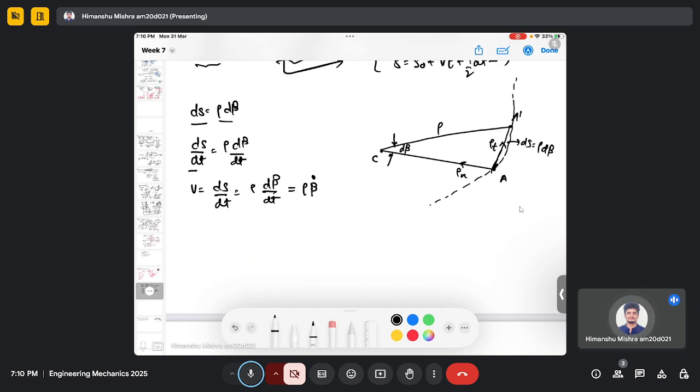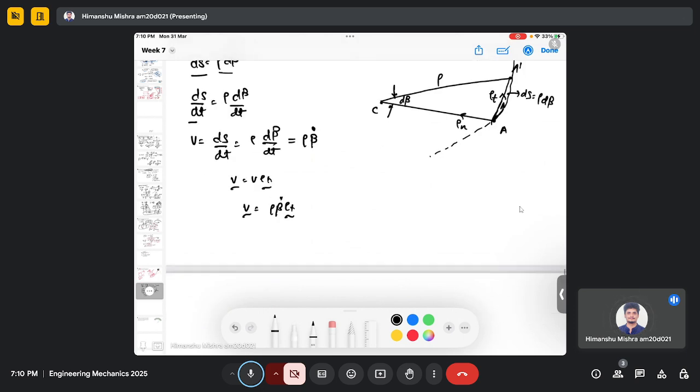Here this velocity is the velocity component in the tangential direction. So this can be written as v equals rho beta dot et. If I take the time derivative of this expression, I will get acceleration.